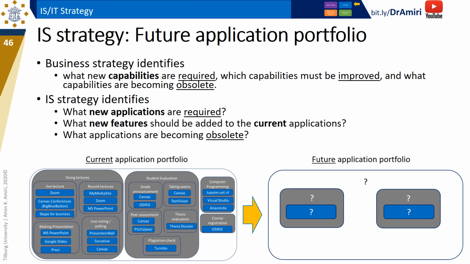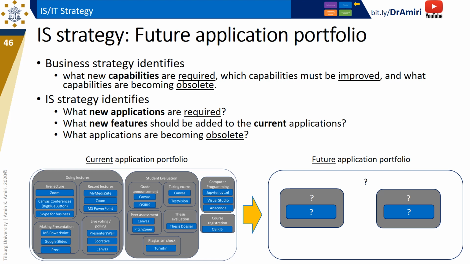So the business strategy was telling IS strategy to improve the capability of live lecturing. What happened in the IS strategy part was that, okay, we need a new application, and that is Zoom. So they went and bought the license of Zoom that allows the university to handle 1,000 students per class.